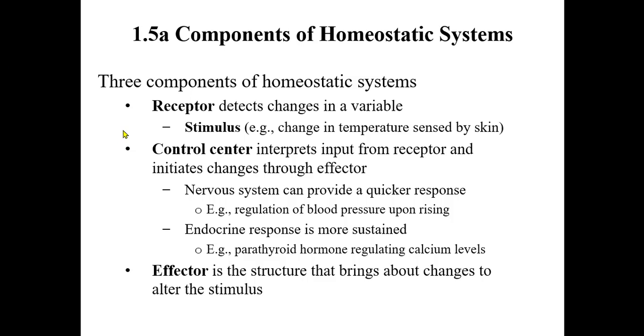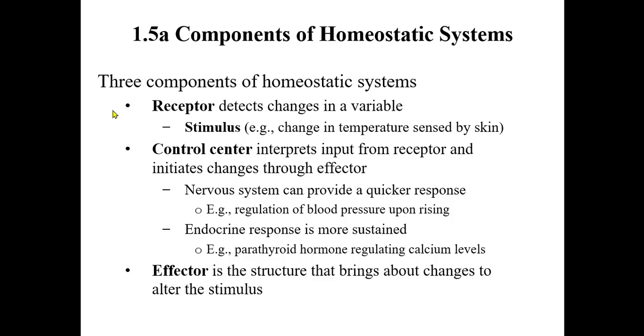Now, the first thing we have to understand about homeostasis is the receptor idea. You don't know what is going on around you unless you have some kind of receptor. So you have receptors on your skin to let you know whether it's hot or cold, pain or touch, that kind of thing.